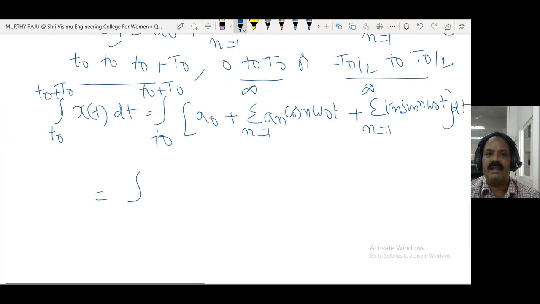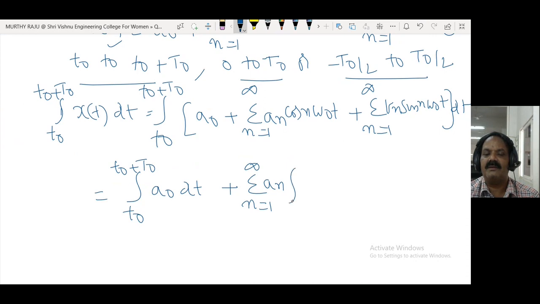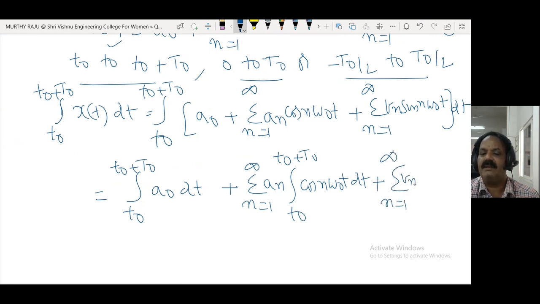Therefore, the integral from small t naught to small t naught plus capital T naught of a naught dt, plus the sum from n equals 1 to infinity of an, bringing out the integral of cos n omega naught t dt, plus the sum from n equals 1 to infinity of bn times the integral of sin n omega naught t dt. The integral over the period of cos n omega naught t dt is 0, and this integral is also 0.